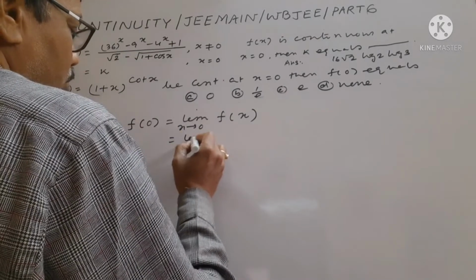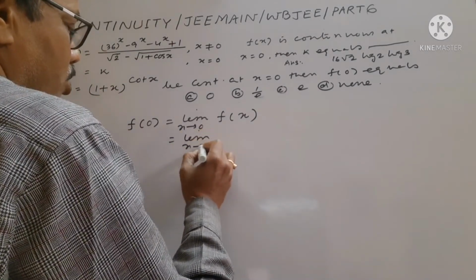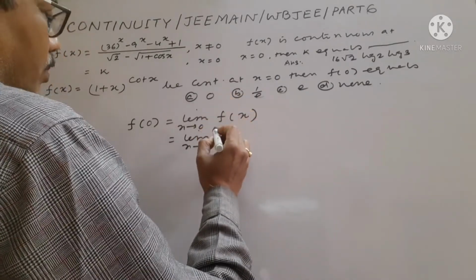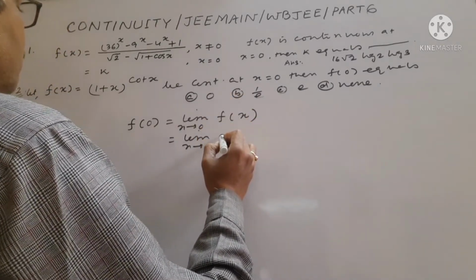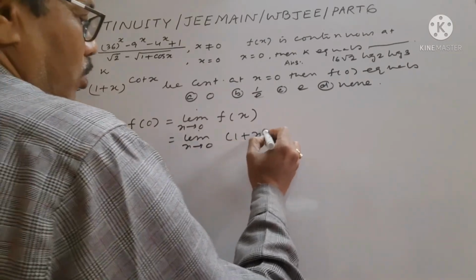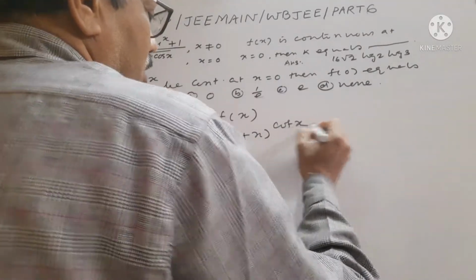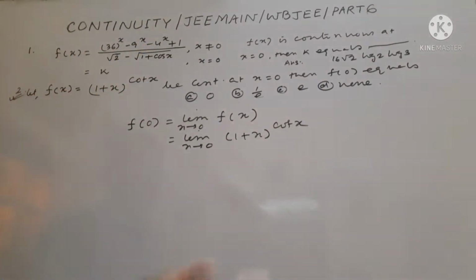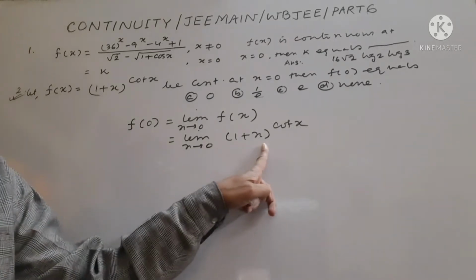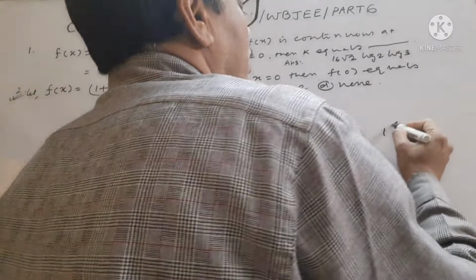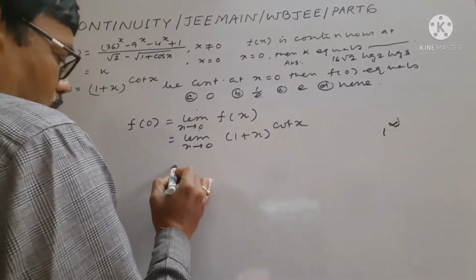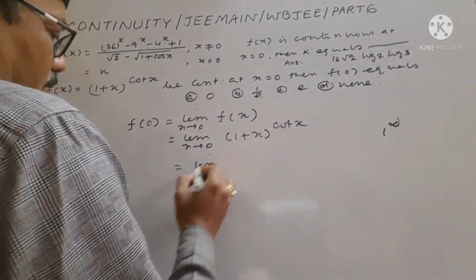Now this equals limit x tends to 0. What is f(x)? (1 plus x) to the power cot x. Now, if we put x equals 0, this is 1, so it is of the form 1 to the power infinity. We have already discussed it.